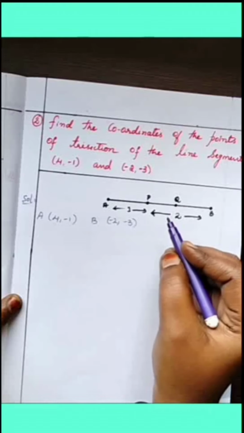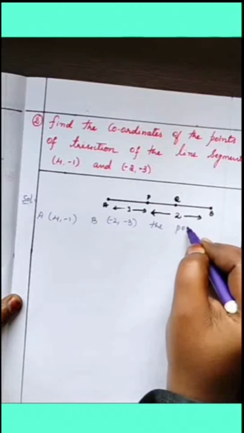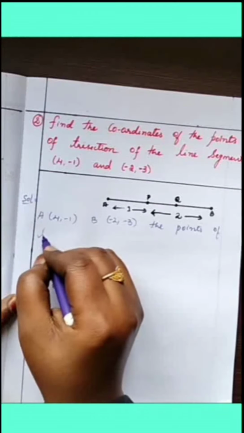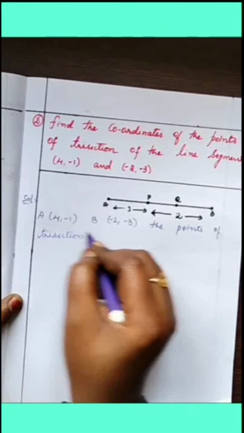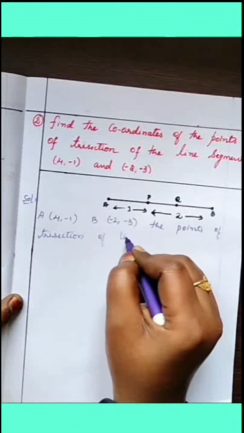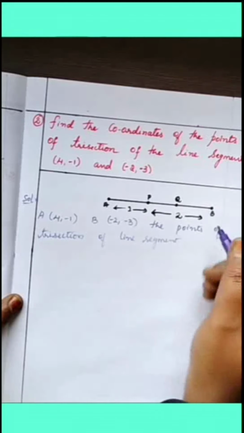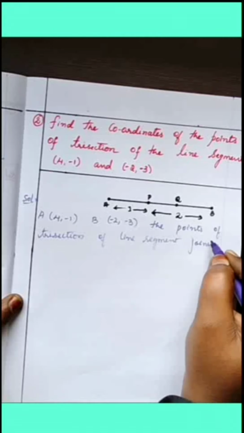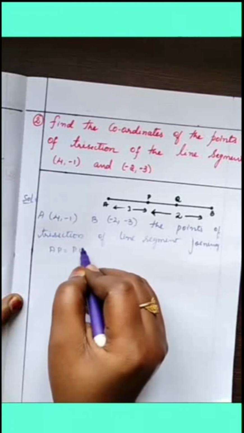The points of trisection of line segment joining A and B: AP equal to PQ equal to QB.